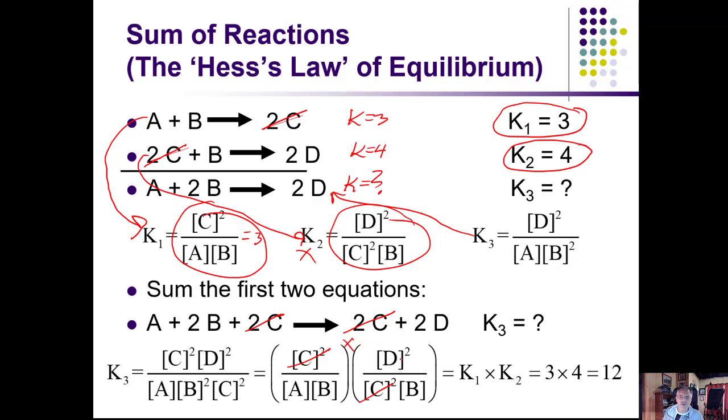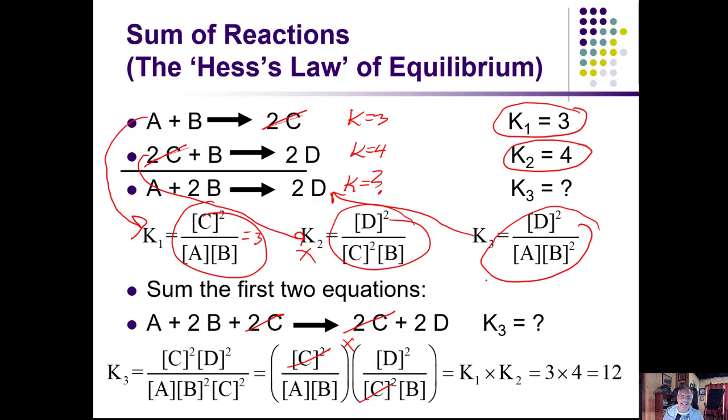What you get when you do that is D squared over A times B squared, and that winds up being this equilibrium constant expression. Multiplying these two equilibrium constant expressions gives you this equilibrium constant expression, which was the original expression that you got from simply adding those two reactions.